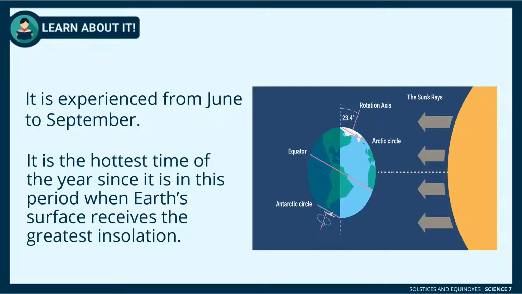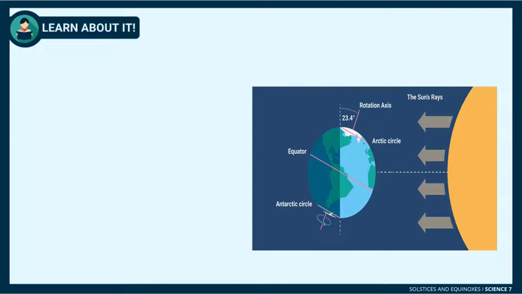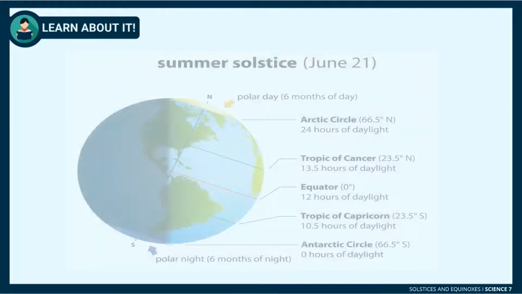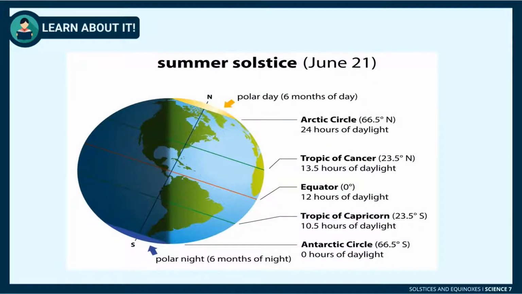The North Pole and countries located in the Arctic Circle will experience 24 hours of daytime. Tropic of Cancer will have 13 hours of daytime, and the equator will observe 12 hours of daytime. On the other hand, Tropic of Capricorn will experience shorter days and longer nights, 10.5 hours of daylight and 13.5 of nighttime. The South Pole and countries that are part of the Antarctic Circle will experience no daytime at all.